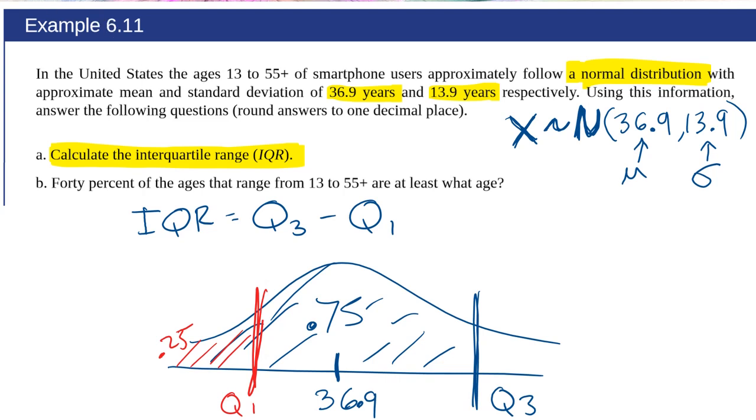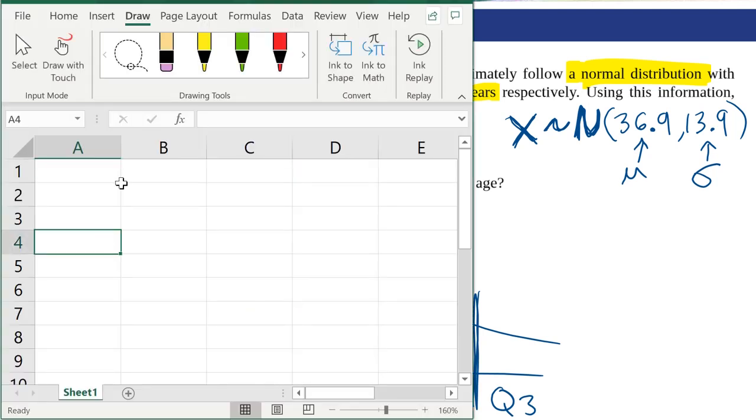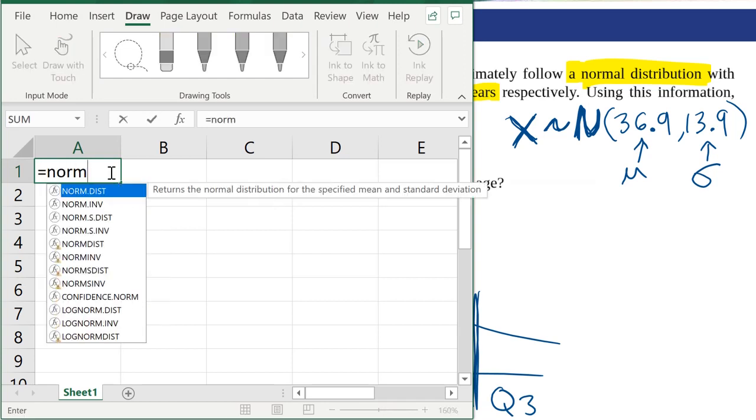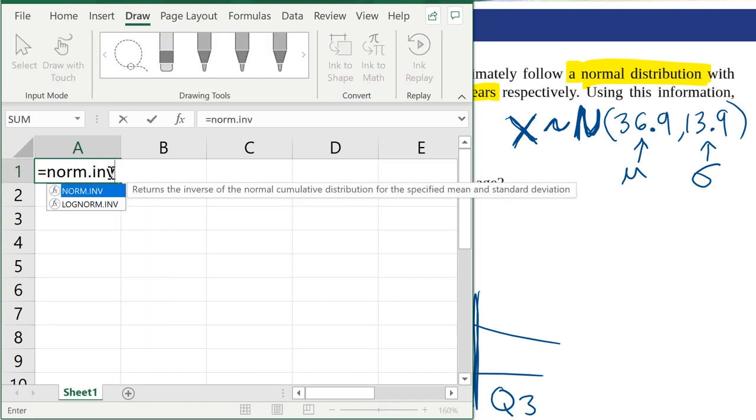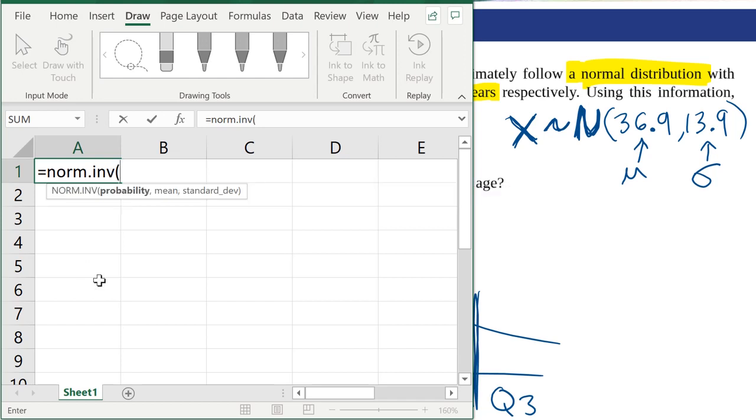Okay, so let's go ahead and go to Excel. Click on one of the cells, type equals NORM.INV, and then open parentheses, probability. I'll start with the third quartile, so the probability is 0.75 to the left of whatever the third quartile is.